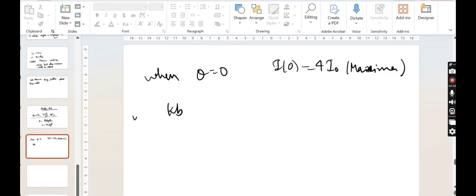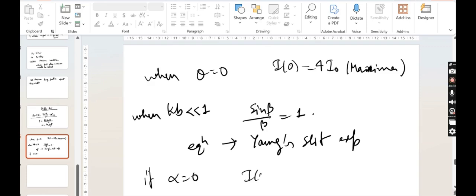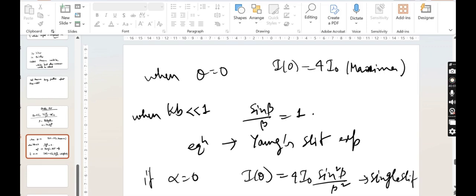When alpha is less than 1, sin beta by beta becomes 1, and the equation reduces to the flux density expression for a single slit experiment. If alpha is equal to 0, I theta is 4I naught sin square beta by beta square. And this is the single slit expression.